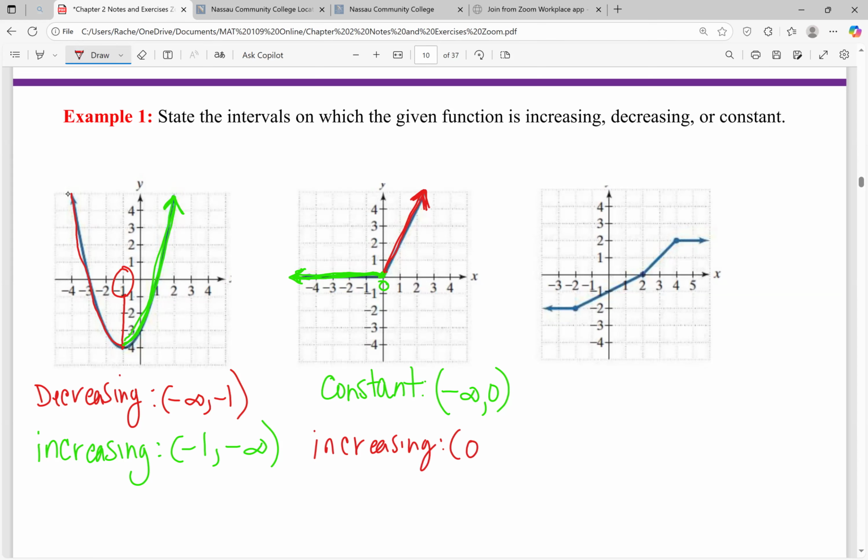And I see we have a parabola and its vertex is on the y-axis, right? So it looks symmetric with respect to the y-axis, right? If we were to fold, imagine this graph was on a piece of paper and we were to fold it vertically over the y-axis, there'd be a mirror image, right? So why don't we test for symmetry with respect to the y-axis?